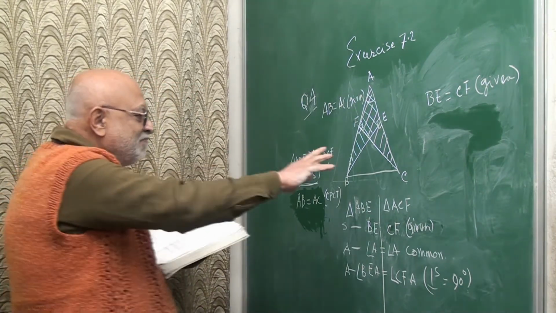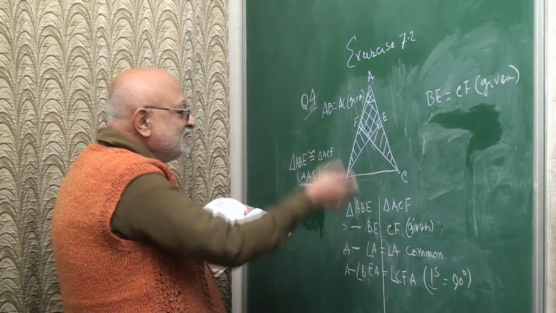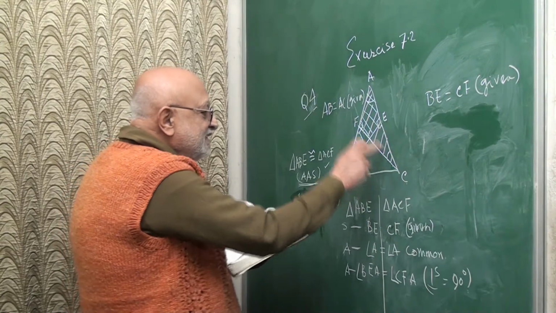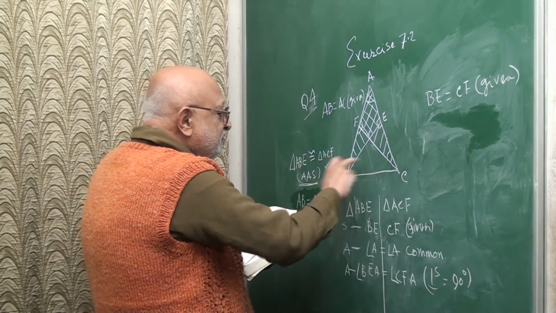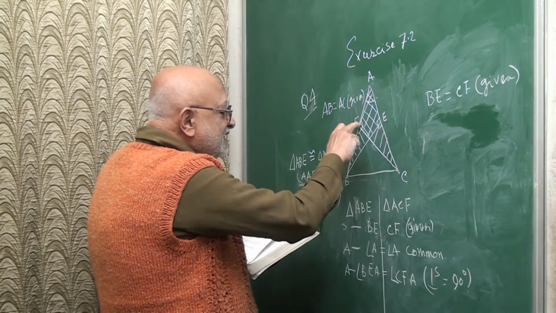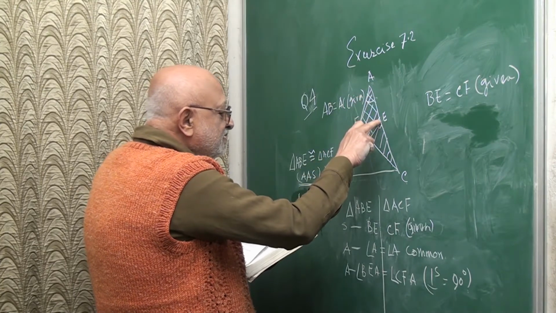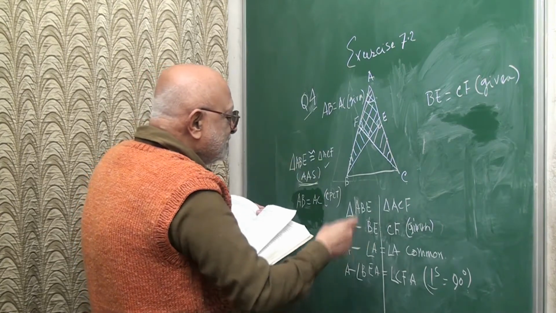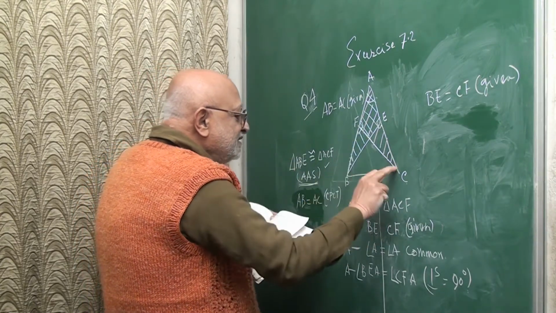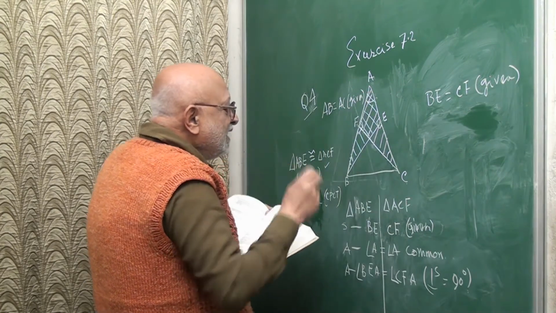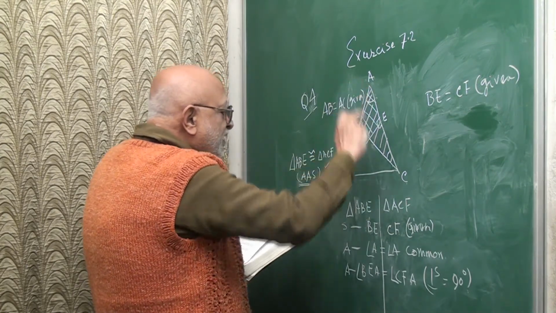So now see the difference. They're the same problem, only it has shown a change. They have given that these two sides are equal, this angle is common, and these two triangles are equal. Let me go the other way. They have given this and this equal, this is common, and I have to prove AB equal to AC.